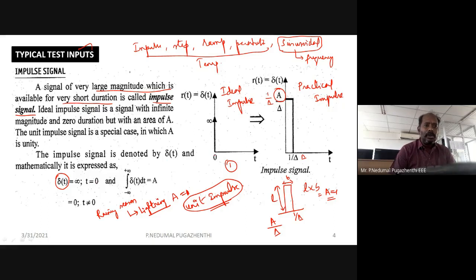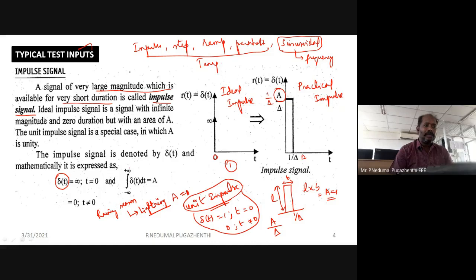At 0 the magnitude changes suddenly, a spike. Unit impulse can be written as del of t equal to 1 for t equal to 0, and 0 for t not equal to 0. This is the description for a unit impulse.